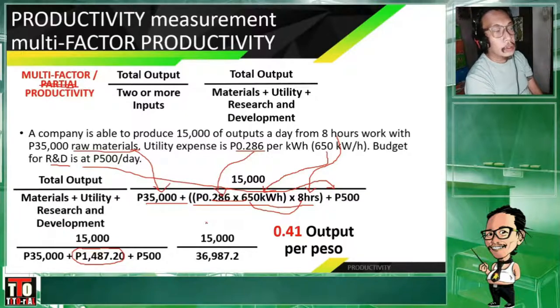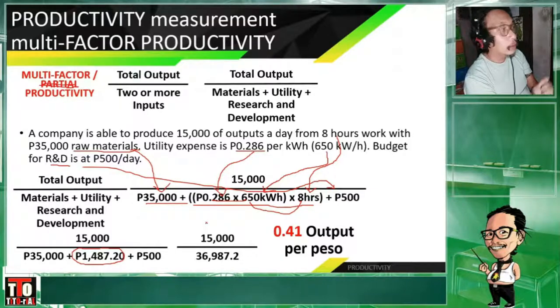Now, notice that as the value of our input grows, our ratio gets smaller. Okay? Which is exactly correct. Now, another tip is when you are calculating for multi-factor productivity and total productivity, convert your inputs into money value.